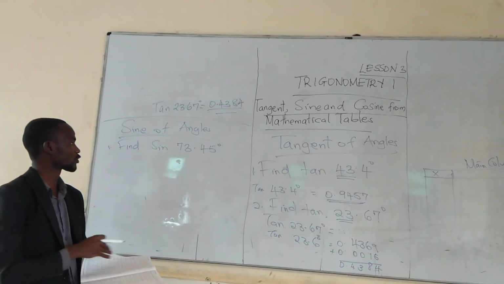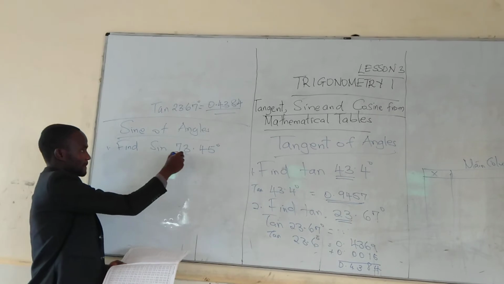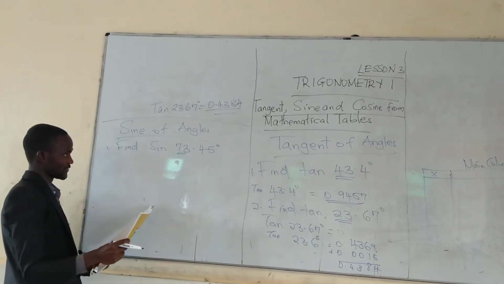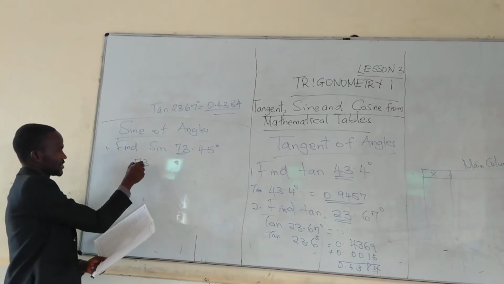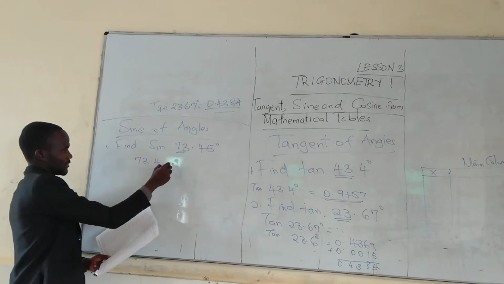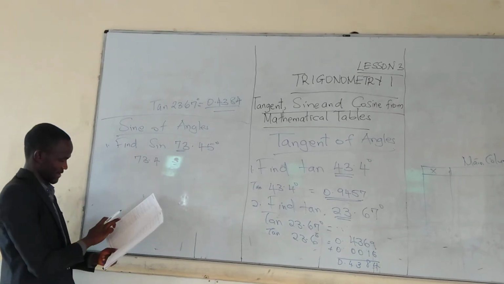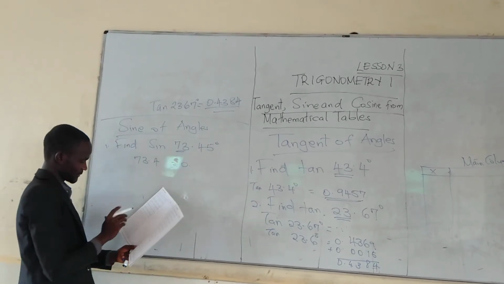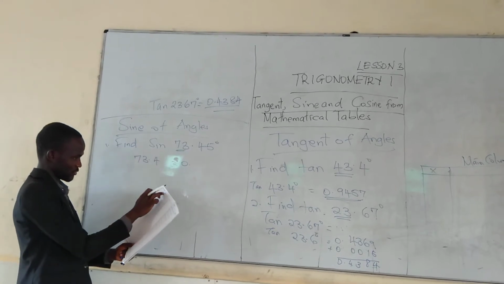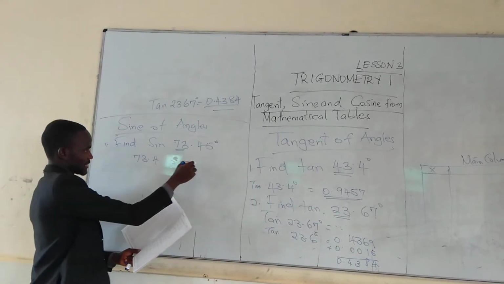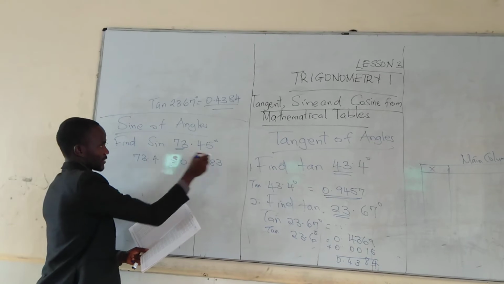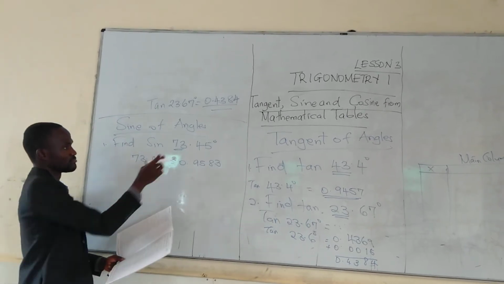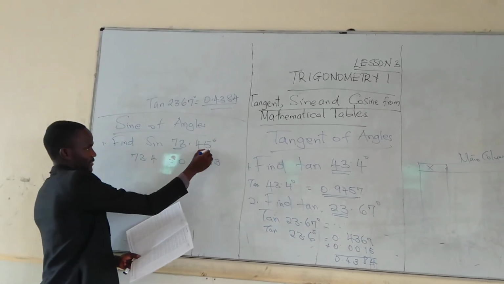So we go to row 73. We start with 73.4. At row 73 we have 0 point, then we go to where we have 0.4, which is 95.83.